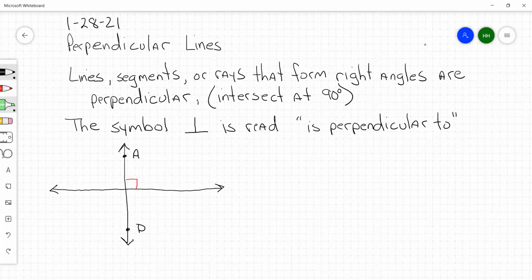The horizontal line has points B and C on it. We can say that line AD is perpendicular to line BC.